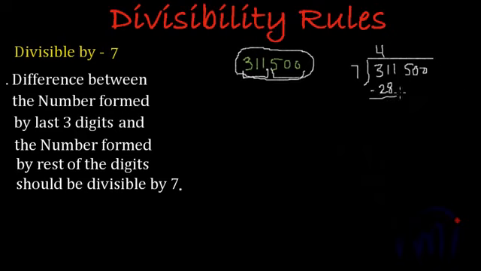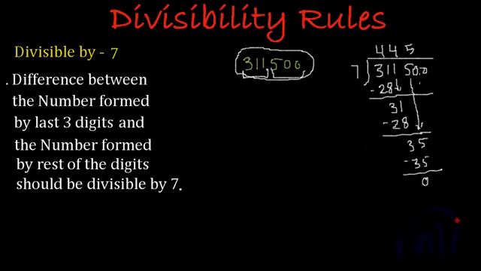Now if I subtract, 11 minus 8 is 3, right? And I'll note this 1 down. Again it will be divisible by 4 times, and 7 4s are 28. If we subtract now, 11 minus 8 is again 3, and this time I have to note this 5 down, making it 35, and 7 5s are 35. And 35 minus 35 gives us 0, right?